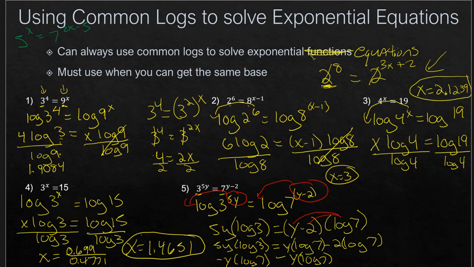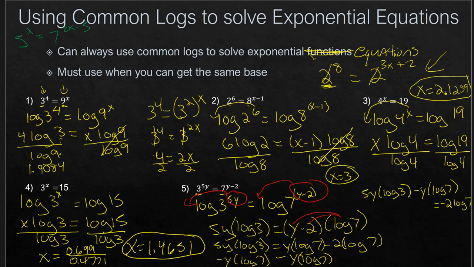So now I have 5y log 3 minus y log 7 equals negative 2 log 7.